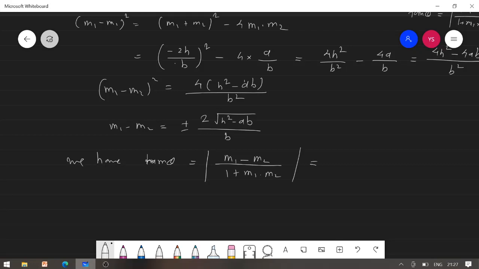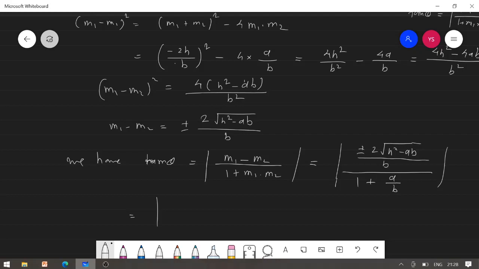Let us replace m1 minus m2 by its value, plus or minus 2 times root of h square minus ab divided by b, while 1 plus m1 m2 becomes 1 plus a by b. Let us do the cross multiplication.